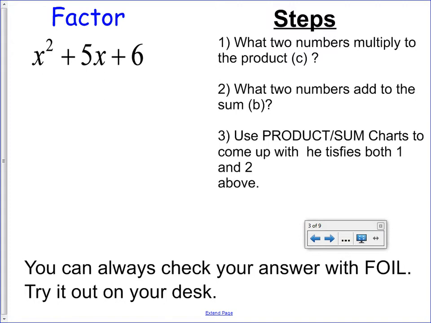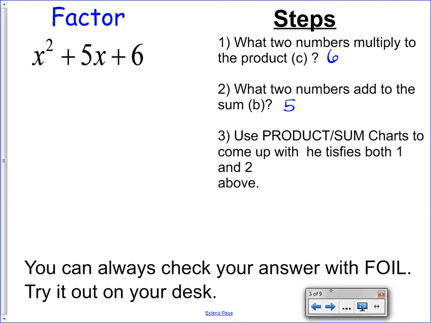C is always your constant. So I have to find two numbers that multiply to 6. And then two numbers that multiply to 6 and add to what? 5. So that's what I have to figure out. That's the magic kind of combination that I'm going to look for.